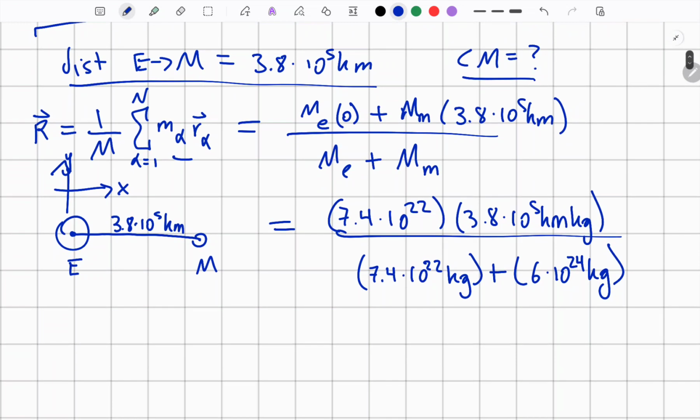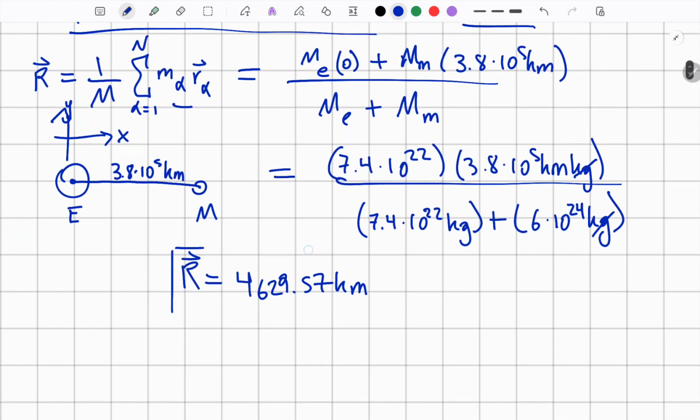So plugging that into the calculator, we get our position as 4629.57, and that's going to be in kilometers. So that will be where our center of mass is positioned.